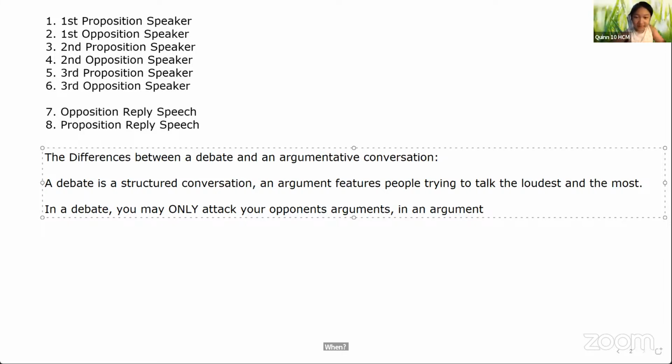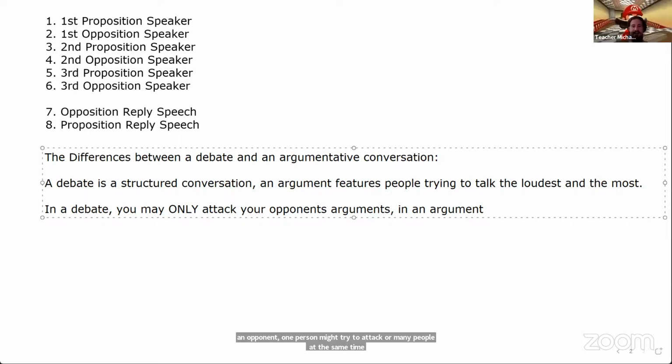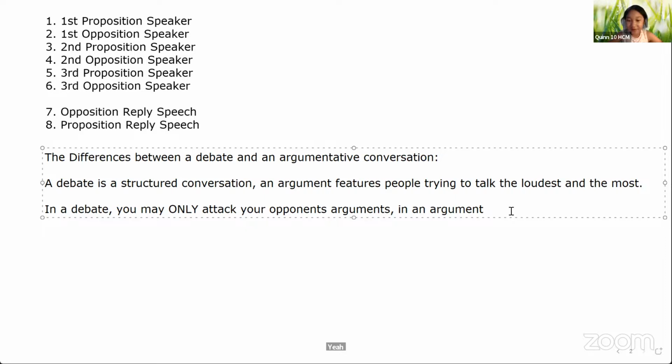Well, in an argument, I usually see that one person might try to attack many people at the same time. Might try and attack more than one person. Yeah, you can do that in regards to a debate argument. However, if we're looking for opposites here, in a debate, you can only attack your opponent's argument.